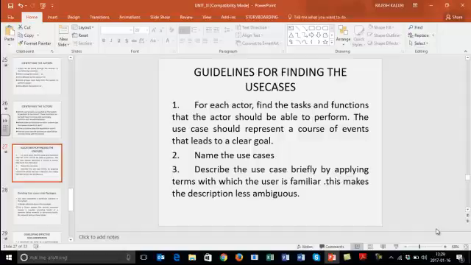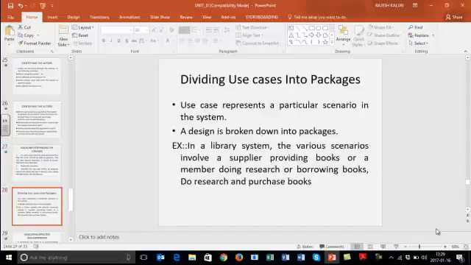And the next one is dividing use cases into packages. A use case represents a particular scenario in the system. And the next one is that a design is broken down into packages. If you look at the example I have mentioned, a library system, various scenarios are involved, such as a supplier providing books, or a member doing research or borrowing books.